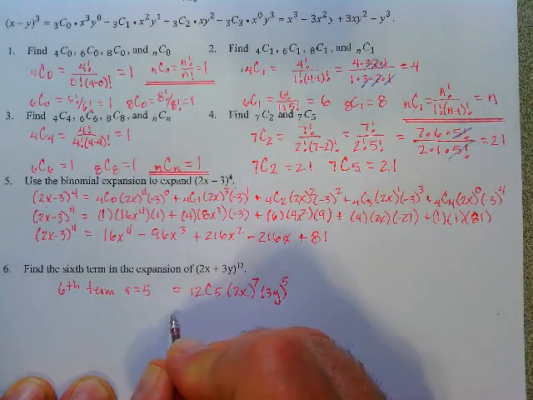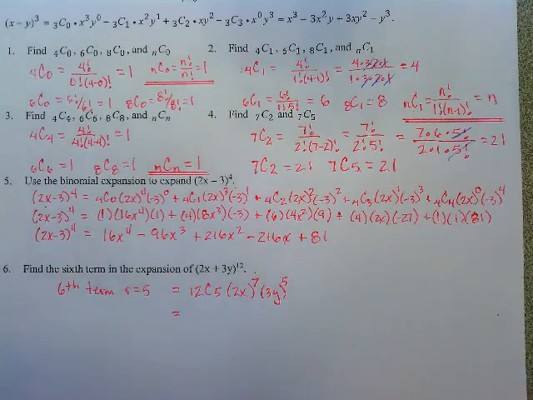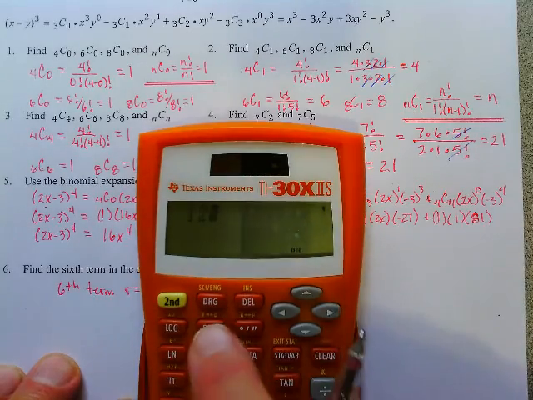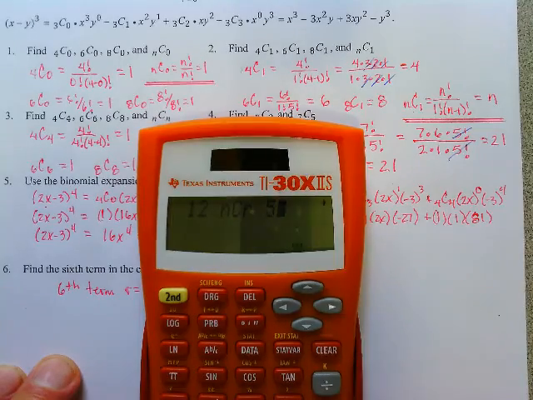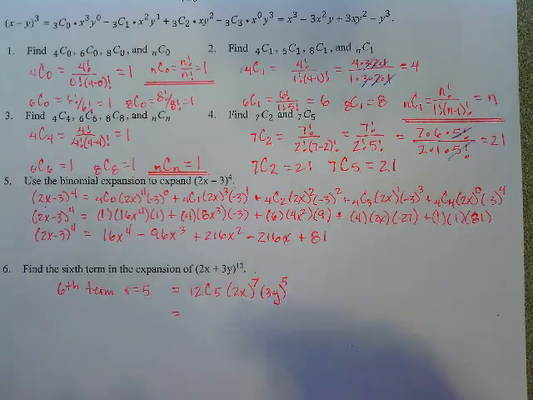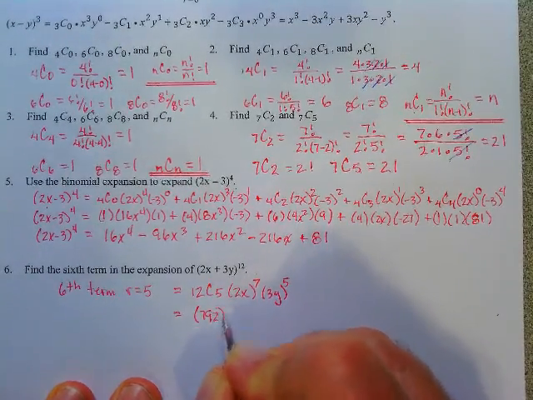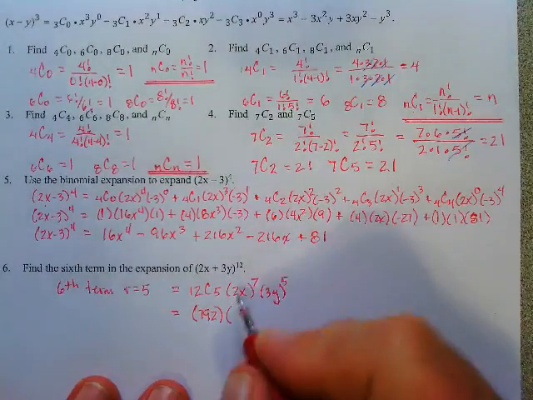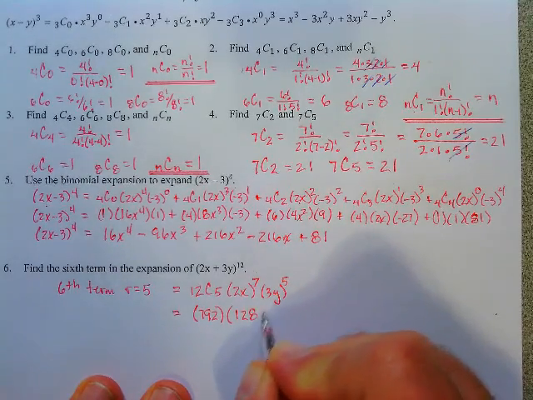So 12c5, if I go ahead and use my calculator, let's clear it, 12 probability NCR 5 equals, we get 792. So this part will be 792. This part we have 2x to the 7th, so that's going to be 128 x to the 7th.